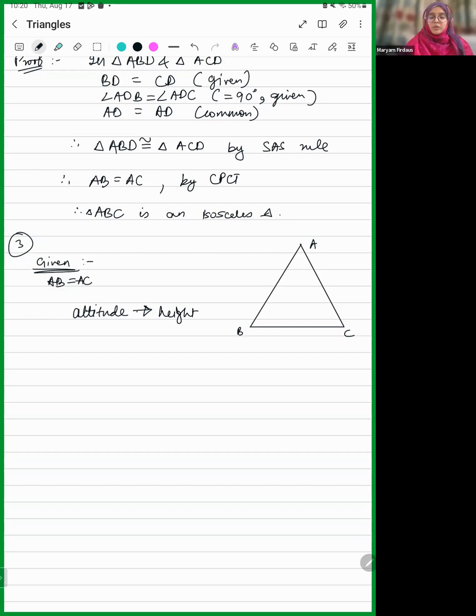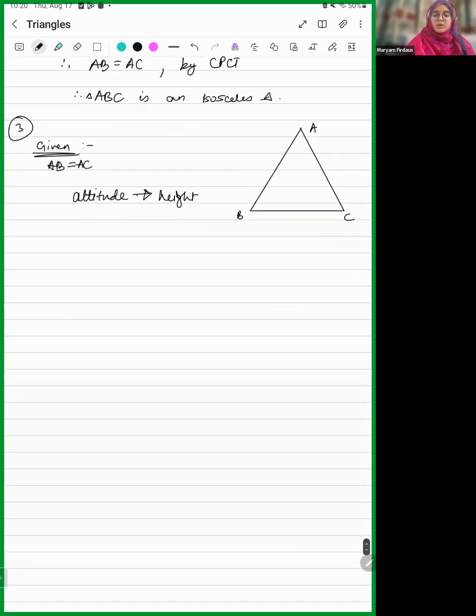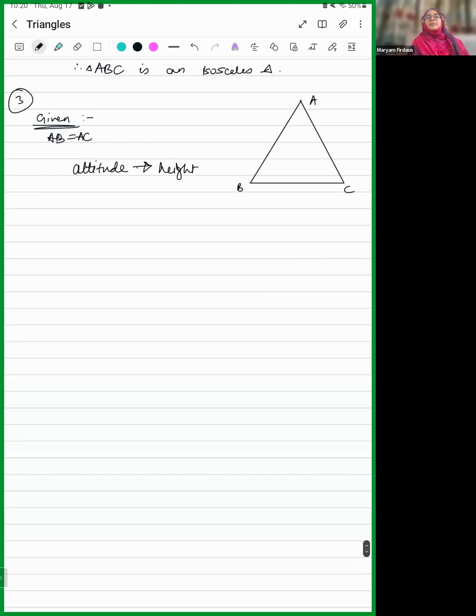Now, your question as to the difference between altitude and median, in the sense that which one bisects what. So let me give you an example of just one triangle with two different line segments. One is altitude and one is median. Now, first of all, Preshita, forget about the entire bisecting this and bisecting that, just for some time.